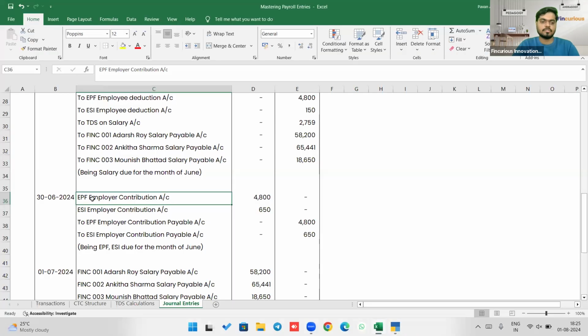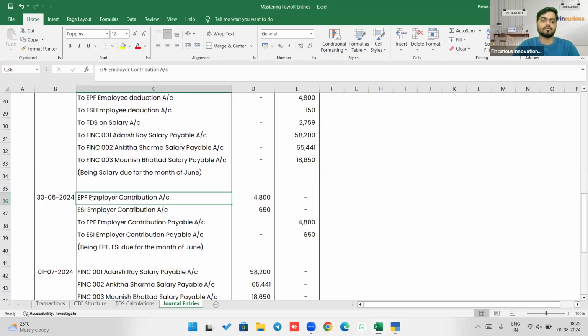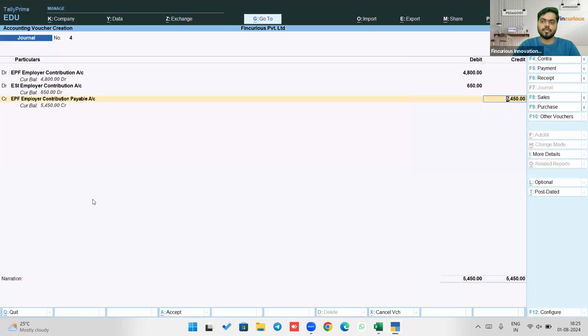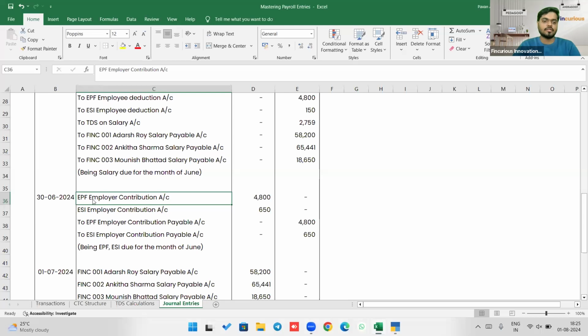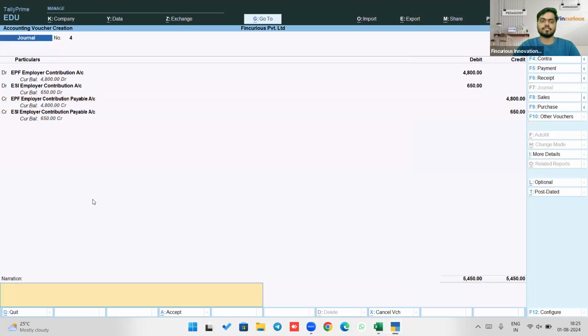EPF employer contribution payable account. Why payable account? Whatever contribution is there, that is an expense booked on the debit side, and the payable account is a liability. If the liability is increasing, we are going to credit it. So employer contribution payable account 4,800, and then ESI contribution payable account 650.